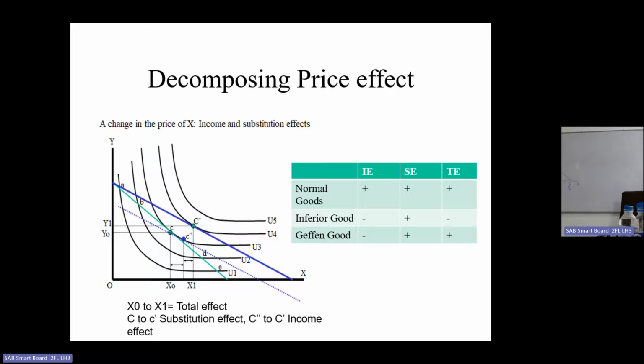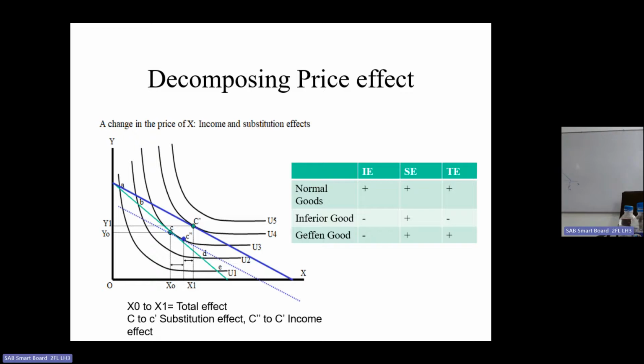So we can identify those two effects by changing the budget line. First, we remove the income effect by shifting the budget line parallel to the real budget line, and then we can identify the income effect.